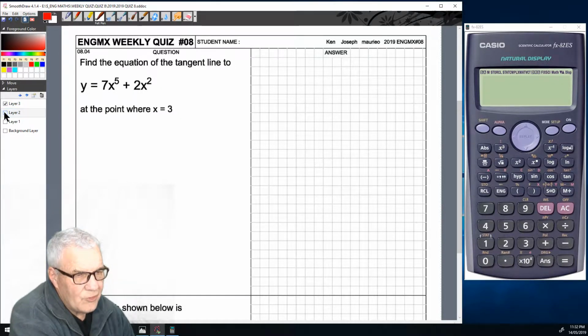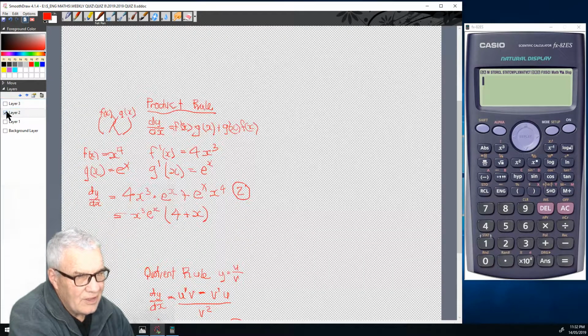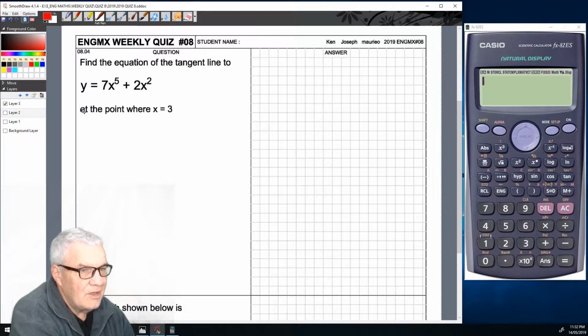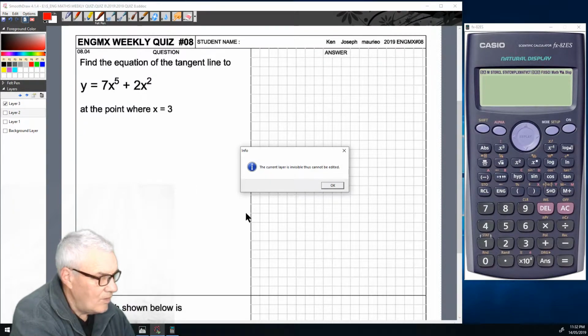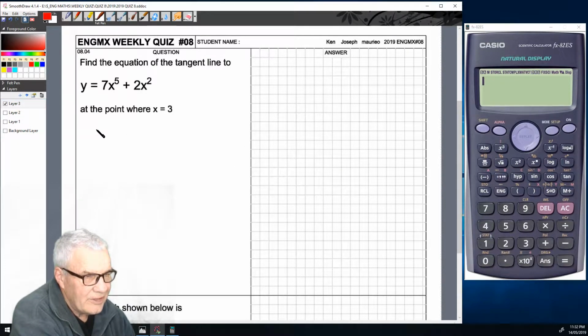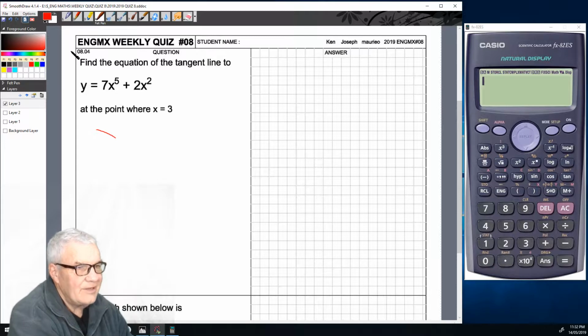Turn on layer 2, see if we can come back to layer 3. It just wants to point. Oh, there we go. Now we've got our felt pen. The current layer is invisible. Cannot be edited. Okay, alrighty. So we're back underway.